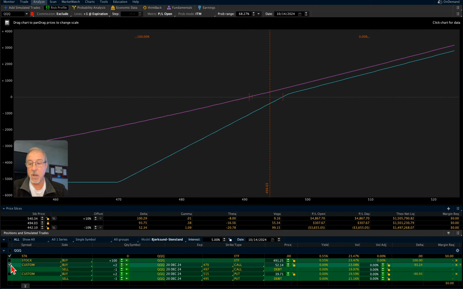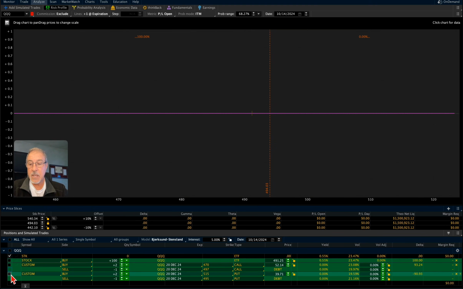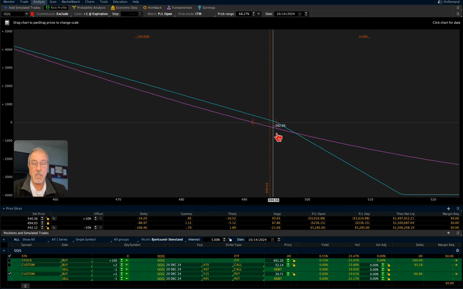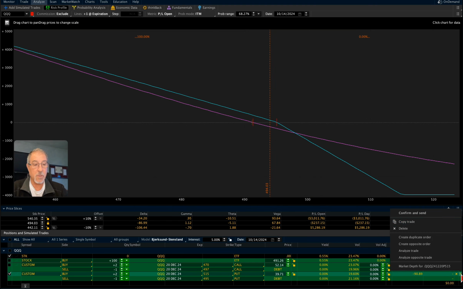Now, one other little trick is that I have a way of doing this with puts. If I do this with puts, I have that same benefit where this would be just like short stock if the market drops. But if the market moves up, my risk is capped by the amount that I pay for this trade.